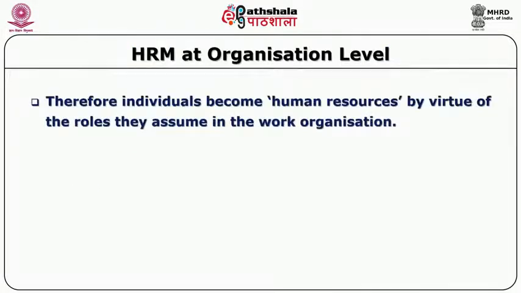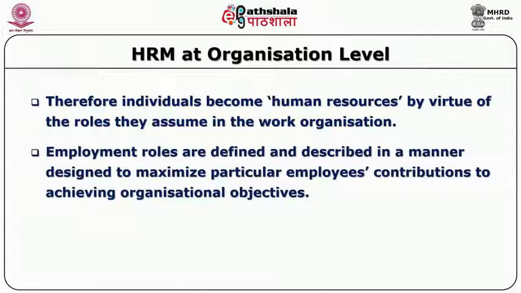Therefore, individuals become human resources by virtue of the roles they assume in the work organizations. Employment roles are defined and described in a manner designed to maximize particular employees' contributions to achieving organizational objectives.